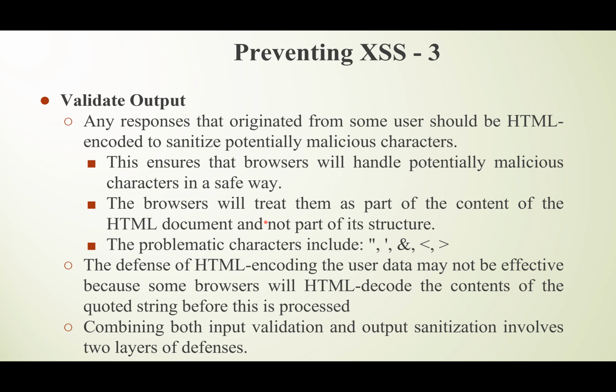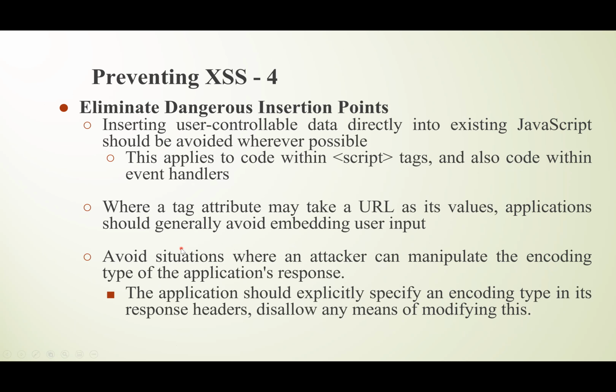As soon as browsers see encoded things, well, it's going to decode it so it can display it properly. People don't want to see the percent signs. You need to do both. Combining both of them, input and output, involves two layers of defense. And then watch how you get things. And again, don't execute user data. That is the root of all evil. So avoid that.